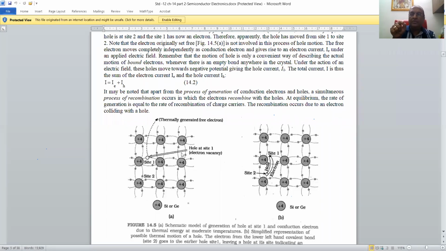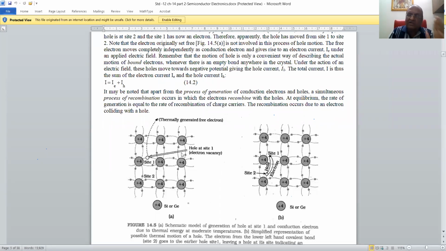To bifurcate these two currents, one that is due to flow of electrons and another one that is due to jumping of bound electrons, the current constituted due to jumping of bound electrons is represented by the current constituted by holes moving in the opposite direction.